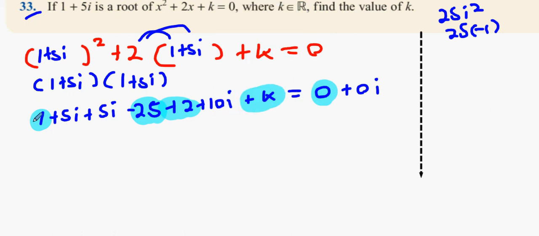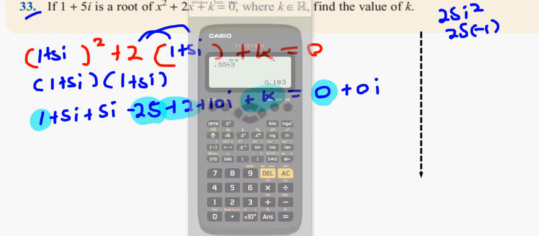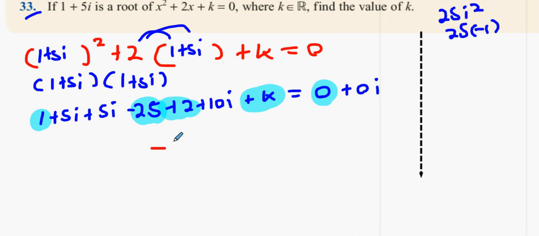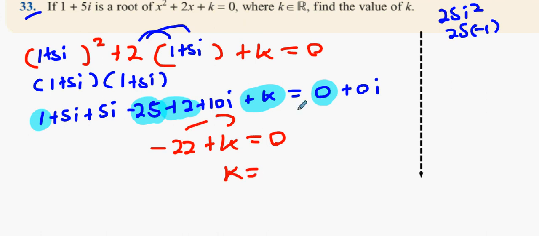Let's add them together. 1 minus 25? Minus 24. I suppose we just do it in the calculator, wouldn't we? And we got minus 22 plus k equals 0. So what's k? We'll move the 22 over. Equals 22. Good.